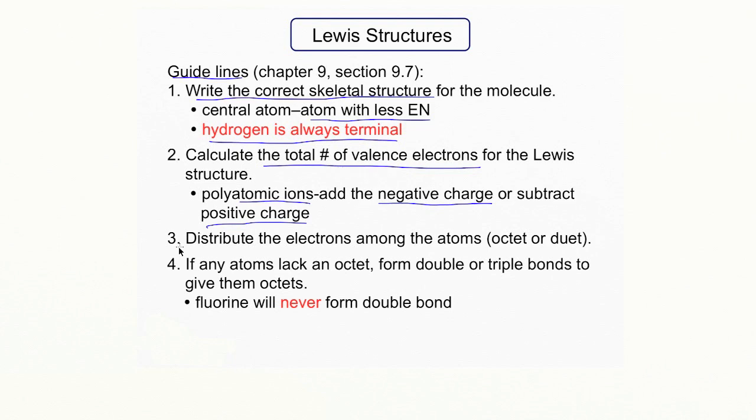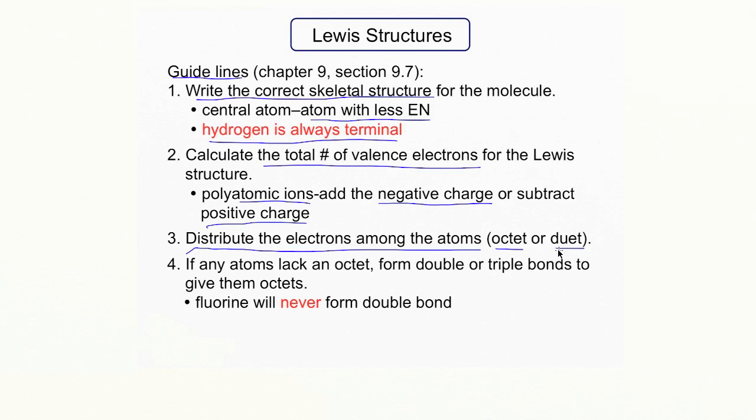Step 3. After we calculate the total number of valence electrons, we need to distribute the electrons among the atoms. In this part, we need to follow the octet or duet rule. Octet rule means that the atom usually will get 8 electrons.